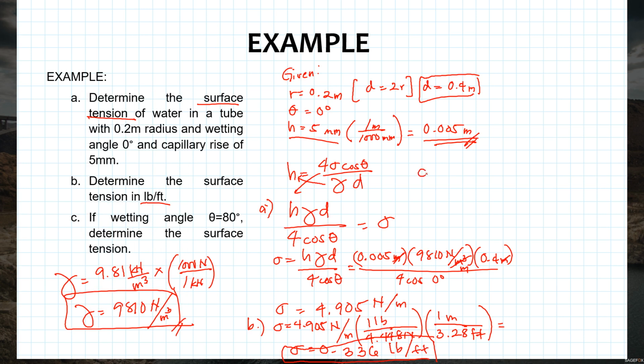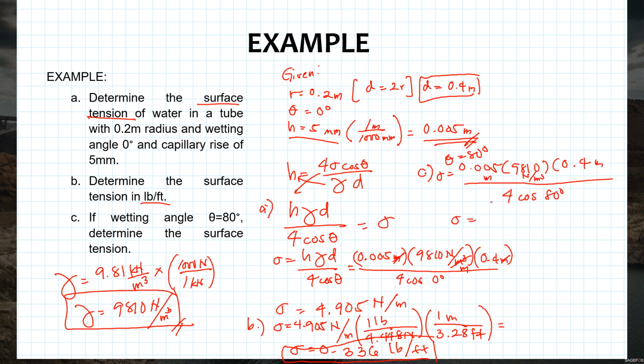And for letter C, we just replace the theta by 80 degrees, because here theta is 80 degrees as required. So 0.005 times 9810 times 0.4 meters, in Newton per cubic meter, to be divided by 4 cosine of 80 degrees.